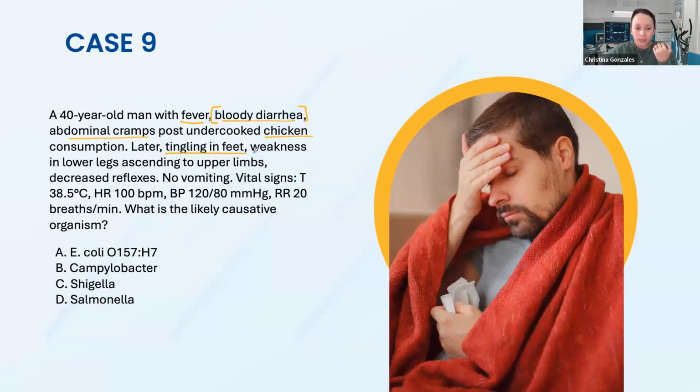Later, he has this tingling in his feet and weakness in the lower legs that's ascending up. Okay. That sounds like something that we might have touched on in the neuro module. So let's keep reading. Decreased reflexes. Vital signs has a fever, looks like. And heart rate is a little upper limit of normal, otherwise nothing specific there.